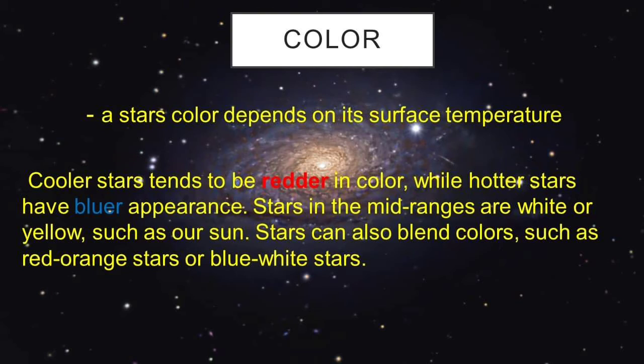The bluer the star is, the hotter it becomes. Stars in the mid-range are white or yellow, such as our sun. But stars can also blend colors, such as red-orange stars or blue-white stars. Okay, class, do you get it?